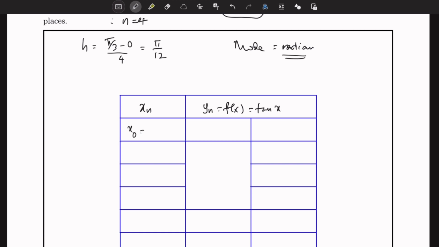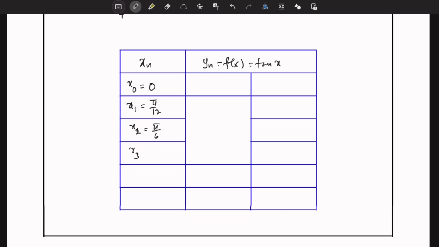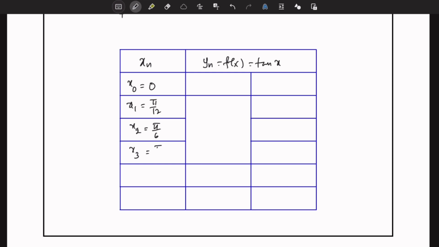Start off with x0, that will be 0. x1 is pi over 12. x2 will be pi over 12 plus pi over 12, that is pi over 6. x3 will be pi over 4. And then x4, add pi over 12, so we get pi over 3, and the last row will be total.